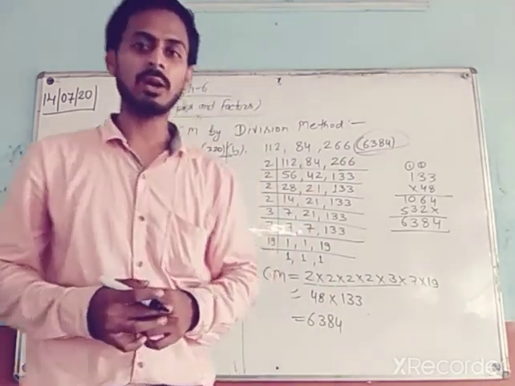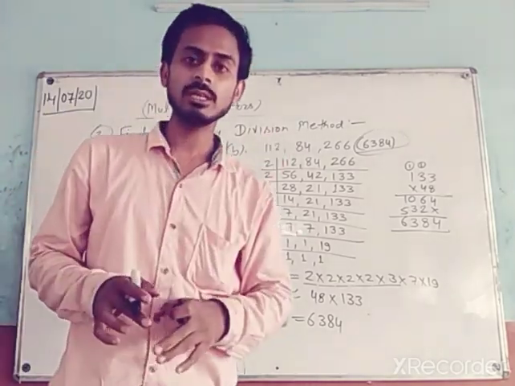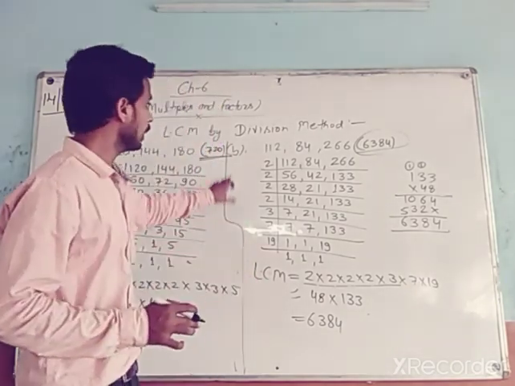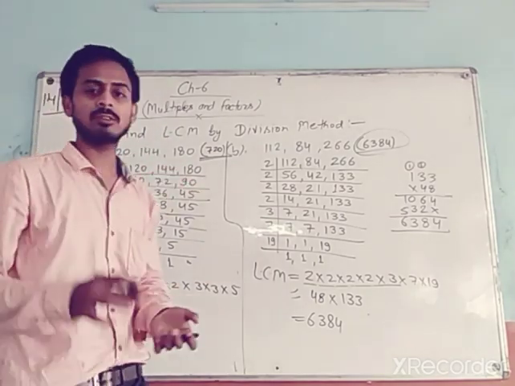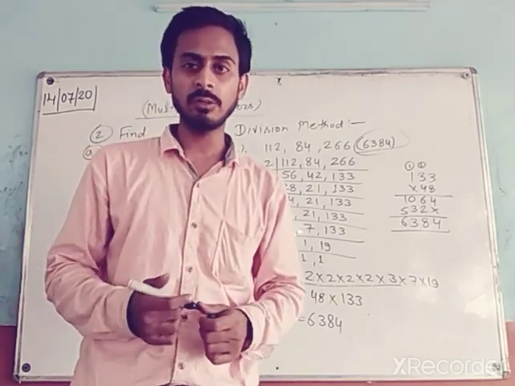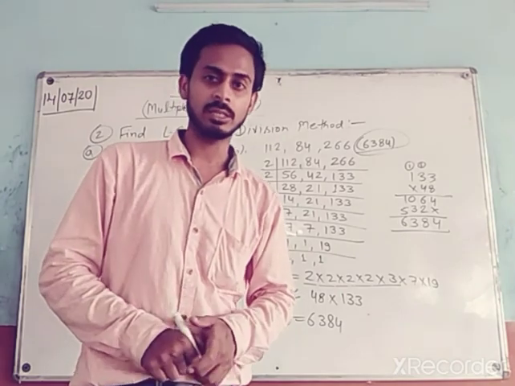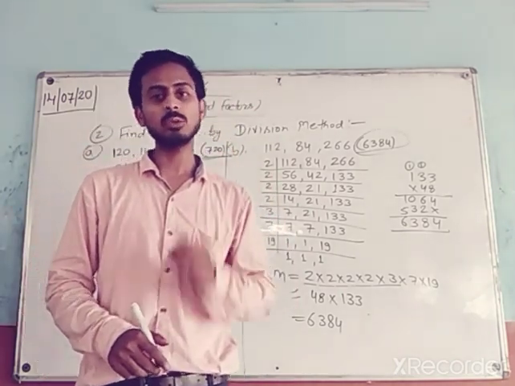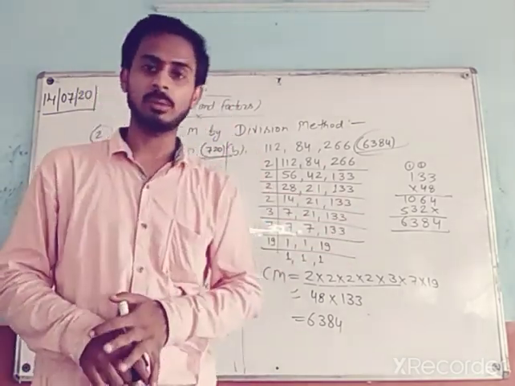Okay, in this way we can find the LCM by the division method. See, the division method is easy in HCF and LCM, but we will solve by the division method if the question is find LCM or HCF by the division method. If the question is find LCM by the prime factorization method, then we will have to find it by the prime factorization method. If the question is just find LCM, then you can use any method, division method or PFM method.